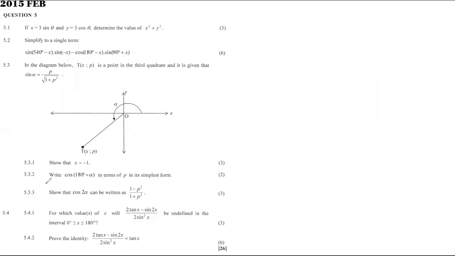Finally, guys, let's look at 5.3.3 here. For which values of x will this expression be undefined? Whenever that happens, you need to analyze your expression. Whenever you have tan, then you know that tan x is sine x over cos x. And this will definitely be undefined if cos x is equal to 0. That's the first thing. And what makes cos x be 0, guys?